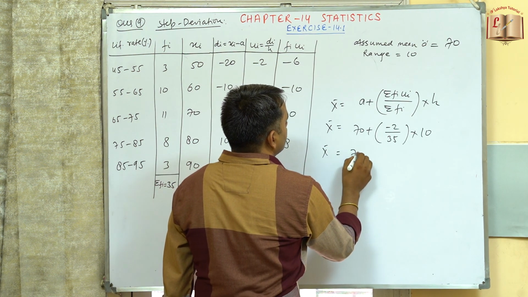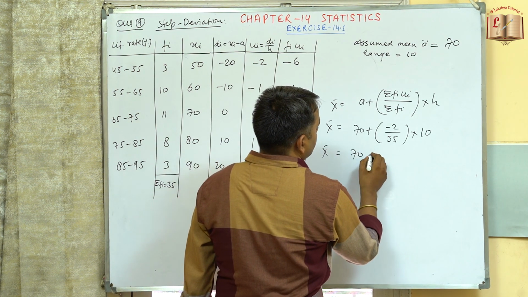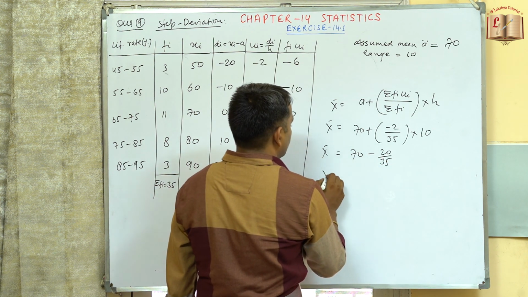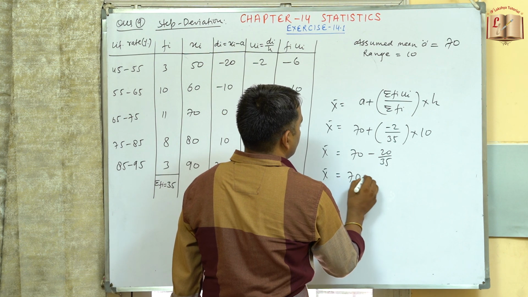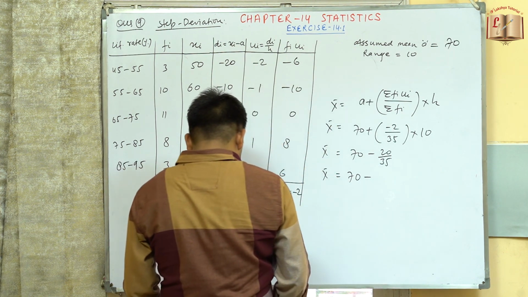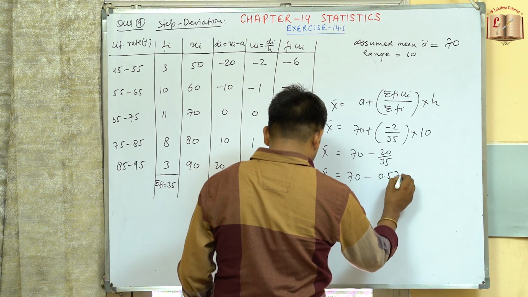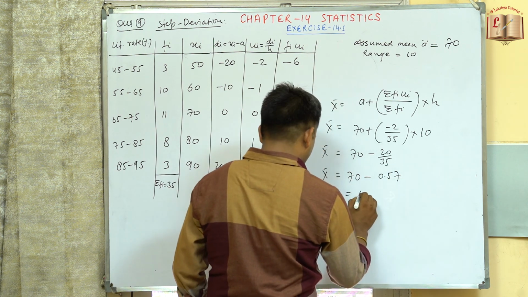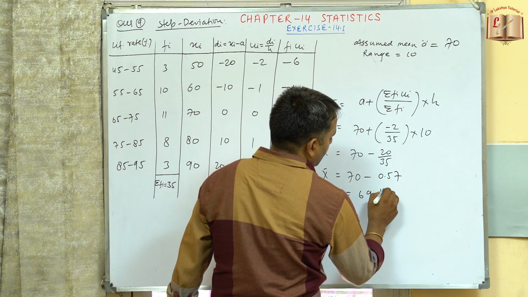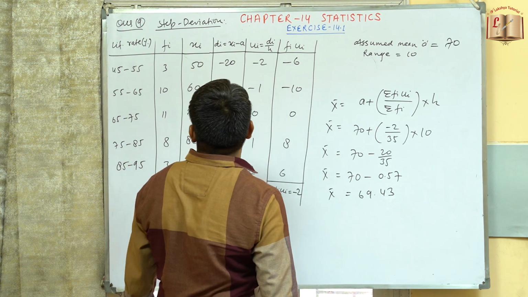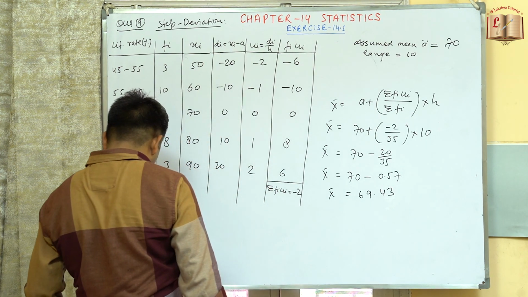So mean equals 70 minus 20 by 35. This value comes out to be 0.57. On subtraction we got 69.43. So this is the mean.